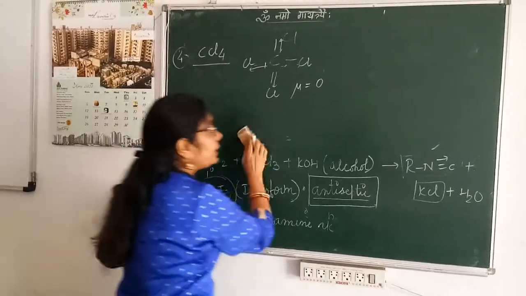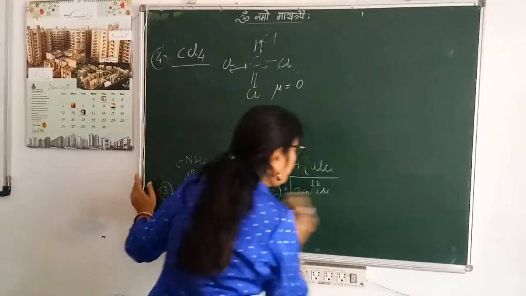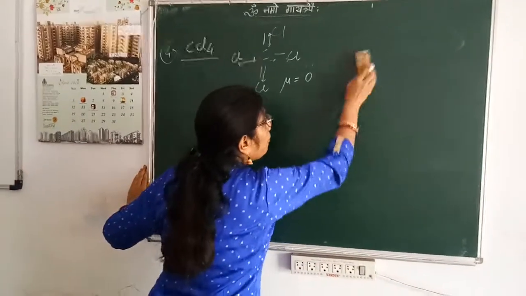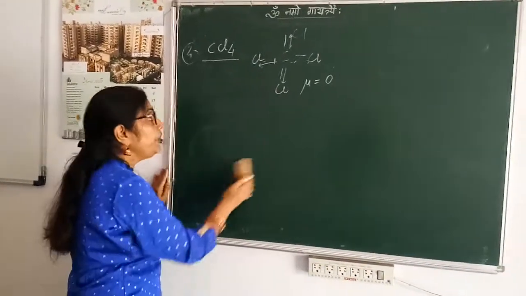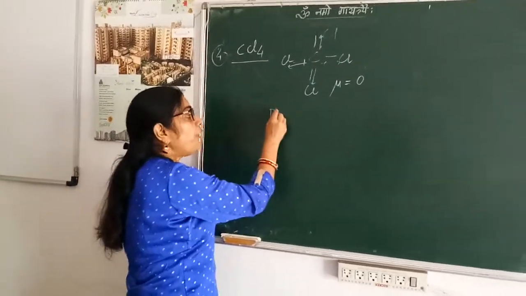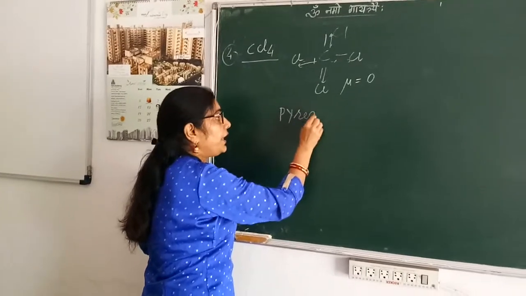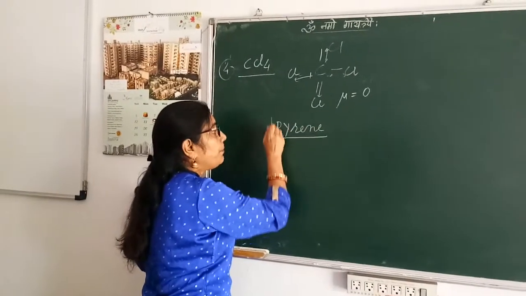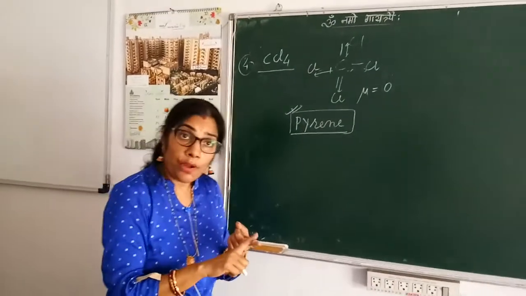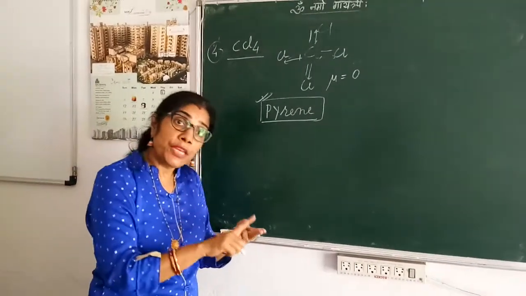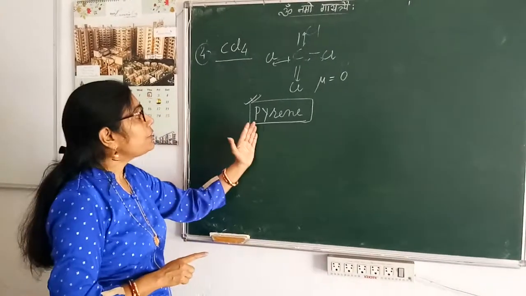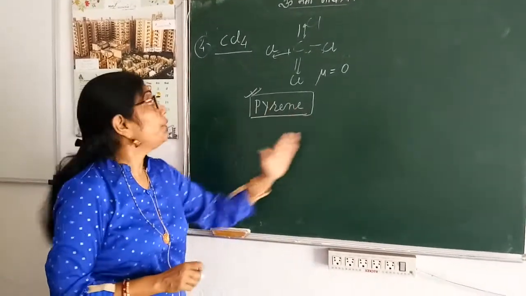Apart from that, it is used for the preparation of freons, the chlorofluoro compounds of methane. It is also used in fire extinguishers under the name pyrene, very important. So it is used as a solvent, for the preparation of freons by using the Swarts reaction, and also as a fire extinguisher.